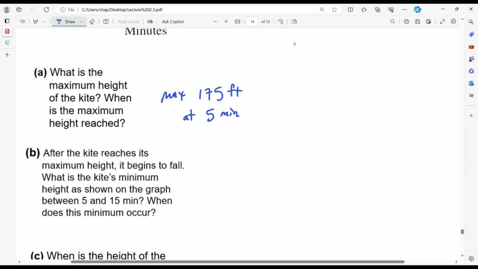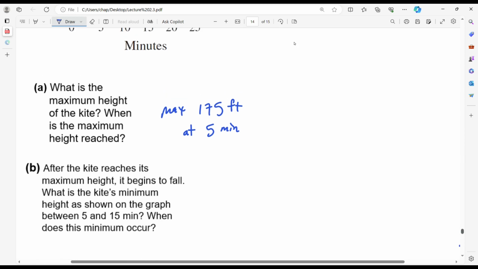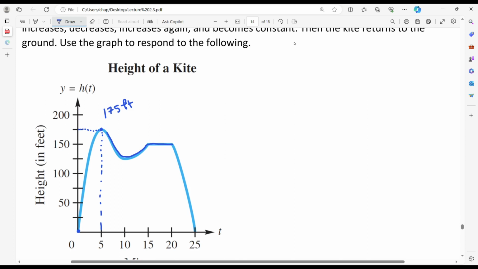Part B, after the kite reaches its maximum height, does it begin to fall? What is the kite's minimum height as shown on the graph between 5 and 15 minutes? When does this minimum occur? If we go back to the image, the kite does begin to fall, and it reaches a minimum height right here at 10 minutes, and that minimum height is approximately 125 feet.